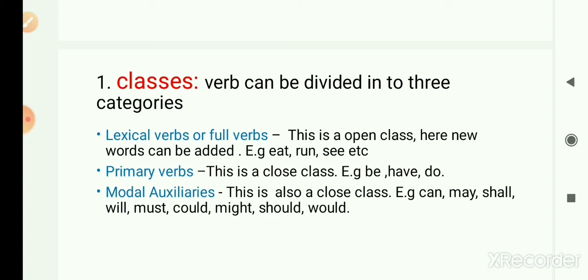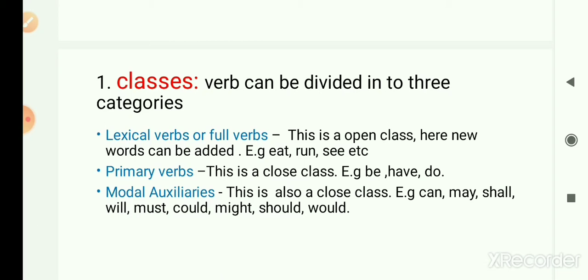In this category, the latest word which was added was Google. We often say, I will Google and find it out. Unlike the open class, the primary verb and modal auxiliary are closed classes, where there is no possibility of adding new verbs.